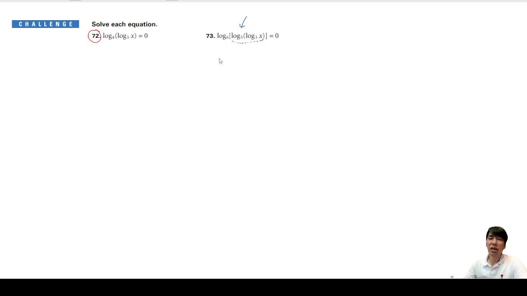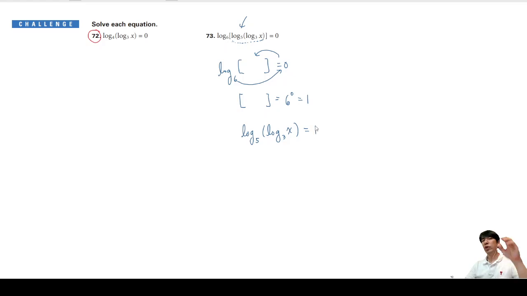So this is like log base 6 of something is equal to 0. That means this bracket is equal to 6 to the power of 0, which is basically 1. So what was in the bracket? Log base 5 of log base 3 of x is equal to 1. That's basically what we have.